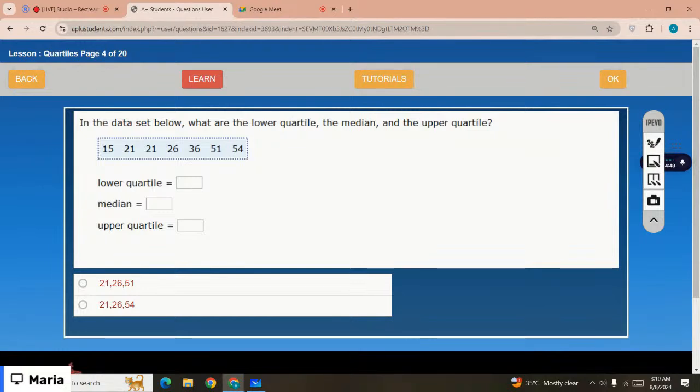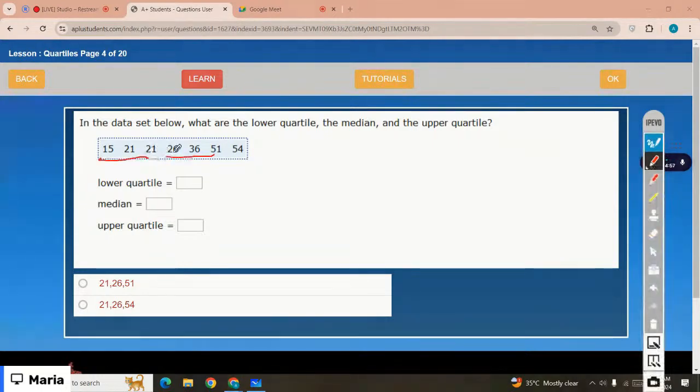Okay, so you need to find the lower quartile, the upper quartile, and the median. Let's just divide the data into two, find the median 26, and 26 divides the whole data into two exactly equal groups. So the median is 26. Lower quartile is 21 and upper quartile is 51.